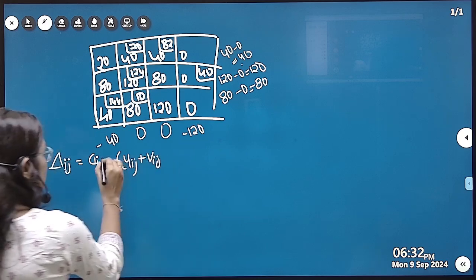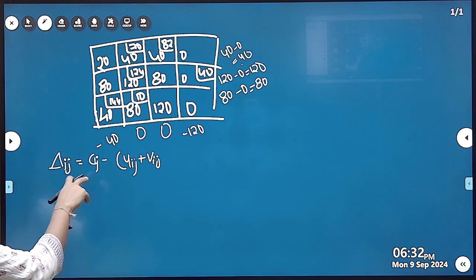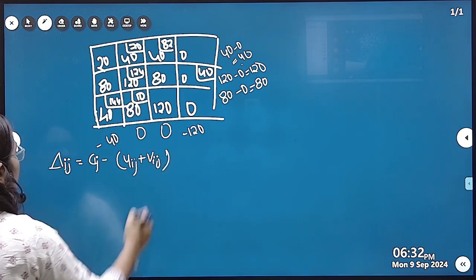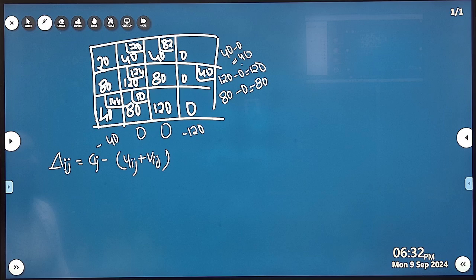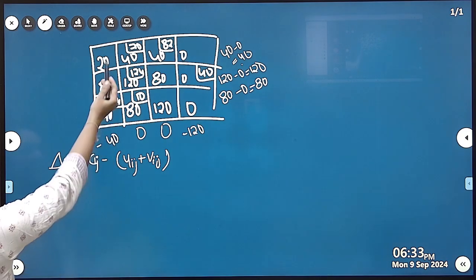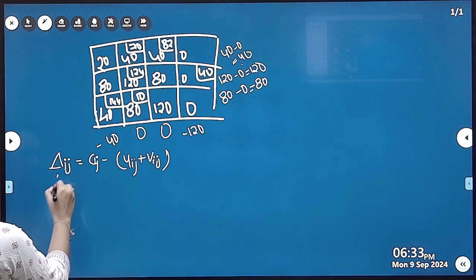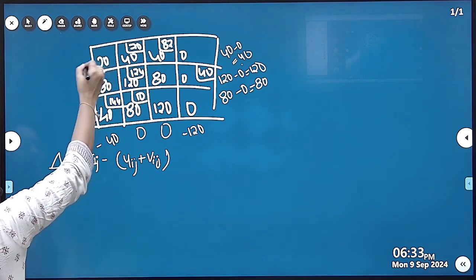So correct this as minus, not is equal to. I had written is equal to, but this is minus. We have to convert all the unallocated cells, not the allocated cells, using this formula. Tell me, what is the Cij? This is the cost of the unallocated cell.